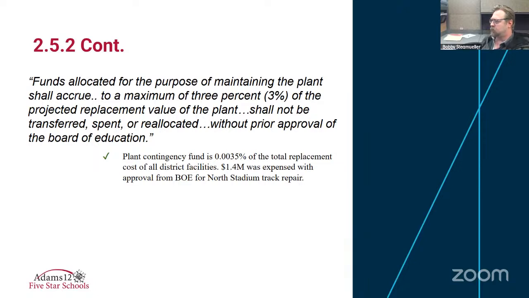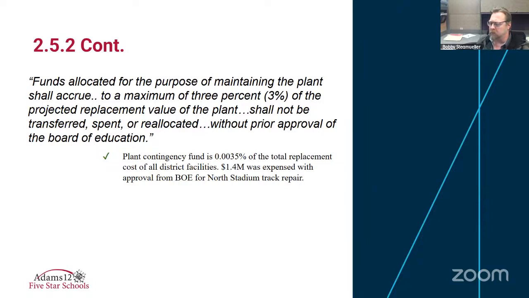Within the capital reserve, we have earmarked within a certain project plant contingencies. As Margie said, our denominator is 1.3 billion, correct, Margie, for our replacement costs. So hitting 3% over of that is a lofty achievement. As you can see in the little subtext there, out of the 3%, we're at 0.003. So we're well within, under that cap.